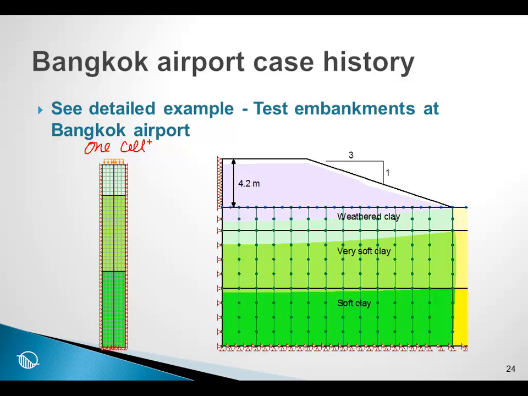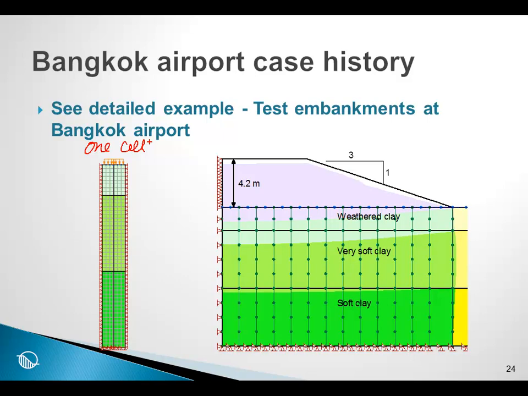Once again, if you look at the detailed examples that we ship with SIGMA/W, there is a case history about the Bangkok airport. The Bangkok airport was built on some very soft ground, and there were numerous test embankments built with various wick drain configurations and types of wick drains to determine which one would be the best for the construction of the airport and the runways.